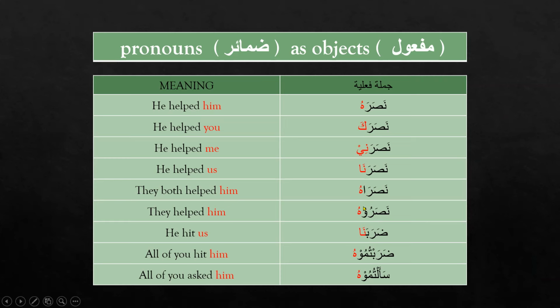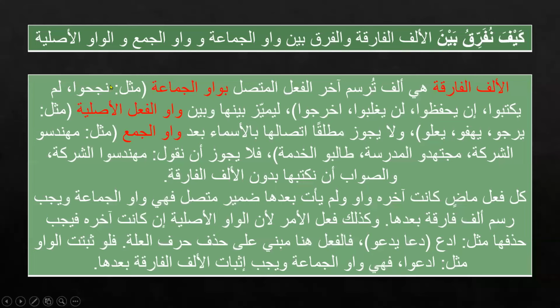This alif farika will be dropped if there is a damir muttasil added to the jumla fa'iliya, to a word. So see here, there is no alif farika, it is dropped. See here, there is alif farika in the example. Why? Because there is no damir muttasil added in the sentence. So this alif farika will come when there is no damir muttasil added to a jumla fa'iliya for hum siwa.